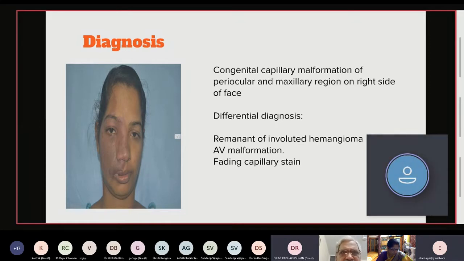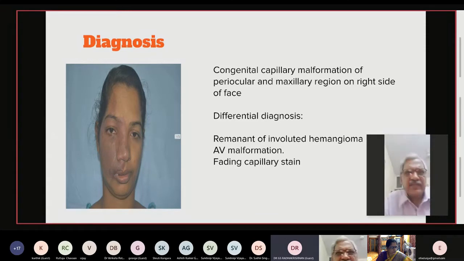But capillary malformations grow till the age of adolescence, sir. No, no. How will you differentiate now, when this patient has presented, whether it is a congenital capillary malformation or a remnant of involuted hemangioma? How will you differentiate between the two?